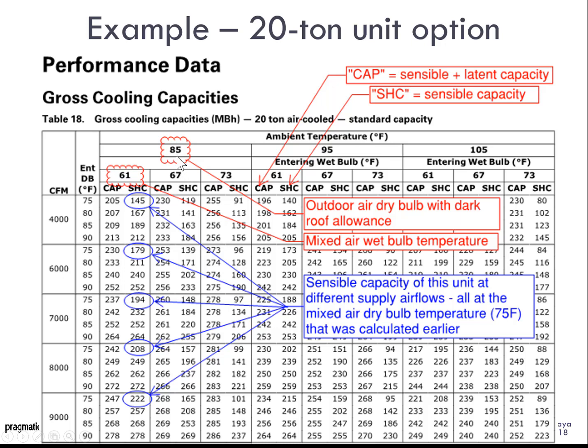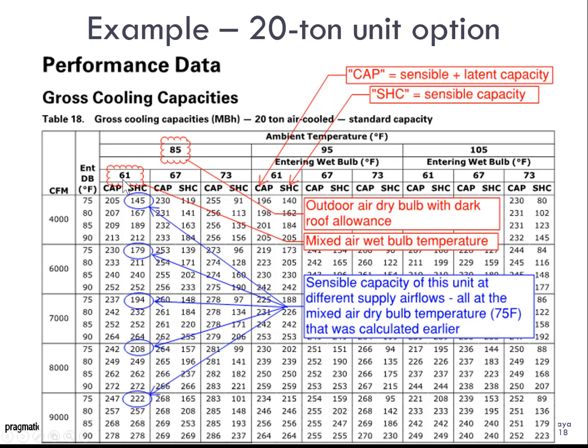This is all from the calculations on the spreadsheet. So we have 85-degree ambient temperature, which I've described earlier. We have a 61-degree outdoor wet bulb temperature. I'm sorry, this is the entering wet bulb temperature.